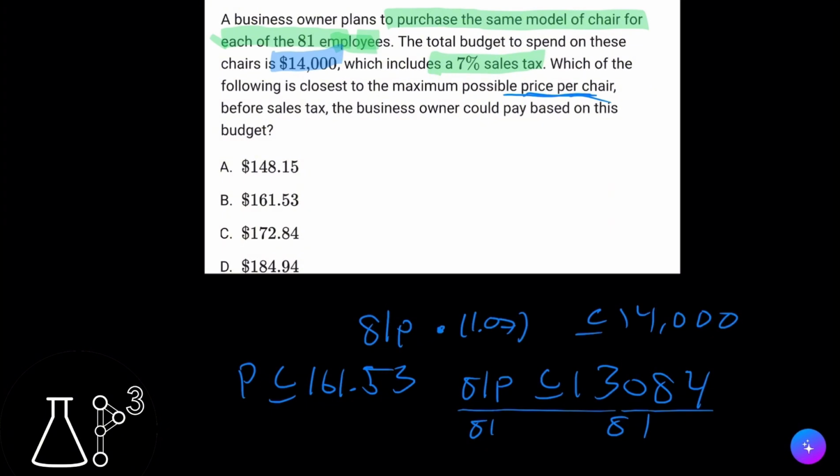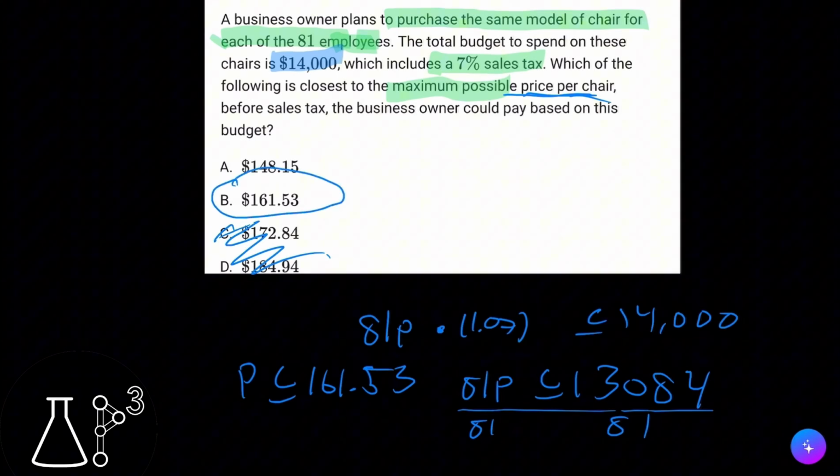Therefore C and D are incorrect because they're greater than the maximum possible value per chair. It could be A because it fits the inequality. However, what are they asking us for? The maximum possible value, and therefore our answer is B, because it's the maximum possible value per chair.